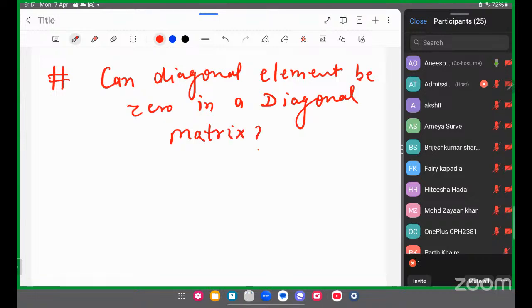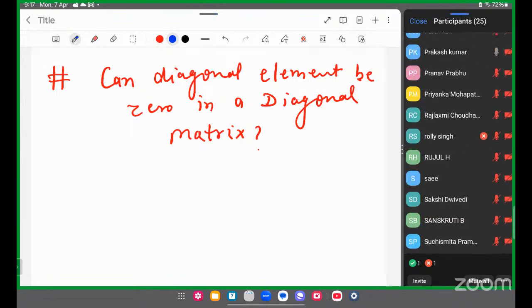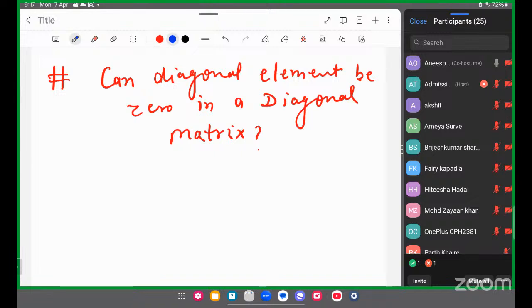Can a diagonal element be 0 in a diagonal matrix? Or does it have to be non-zero? Anyone? If we have a diagonal matrix, is it possible that a diagonal element may be 0? No, sir. Anyone? Answer is yes.